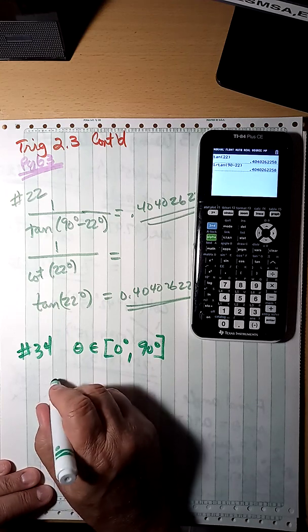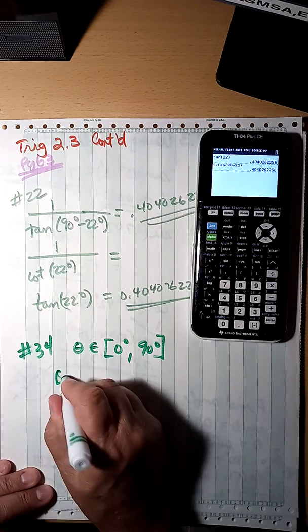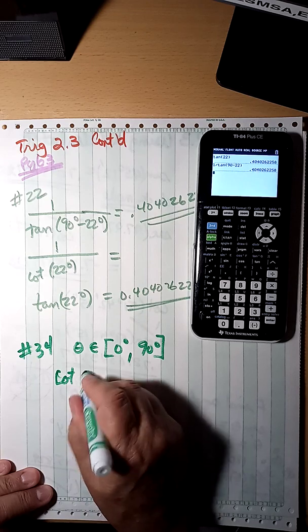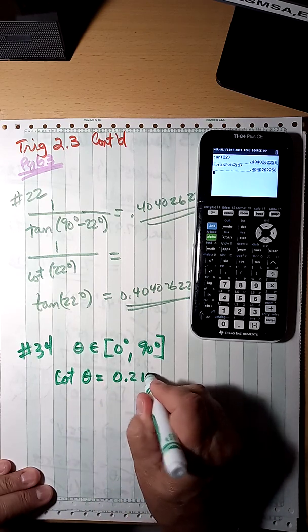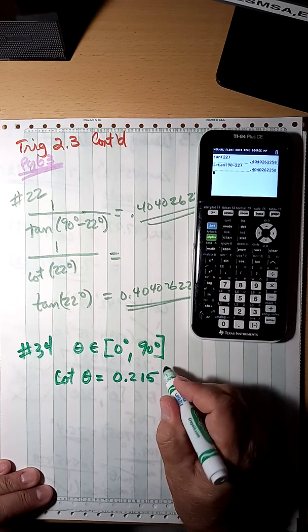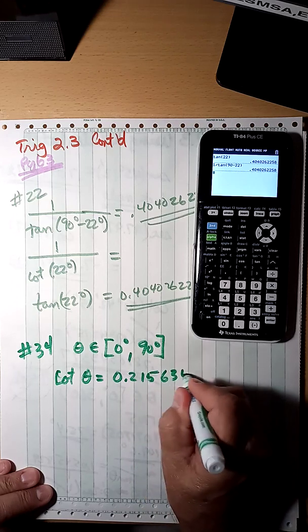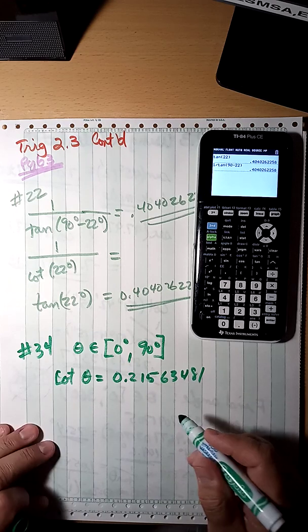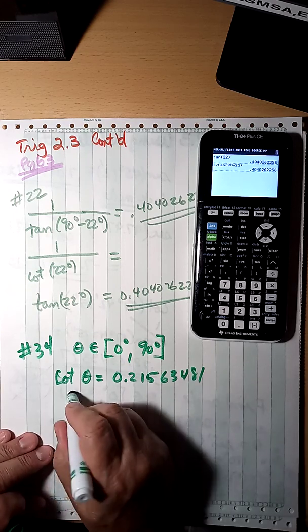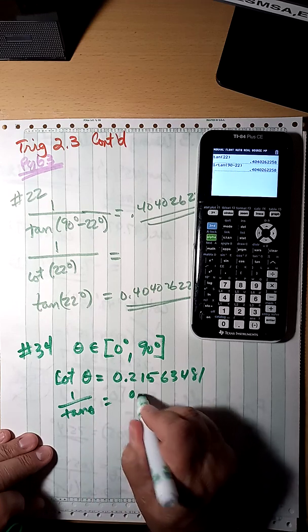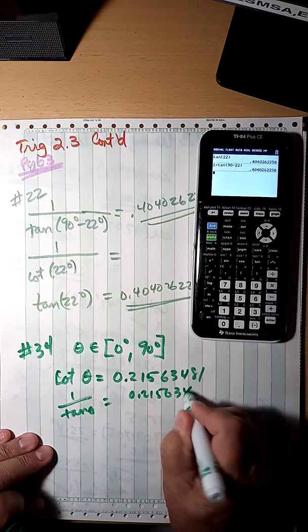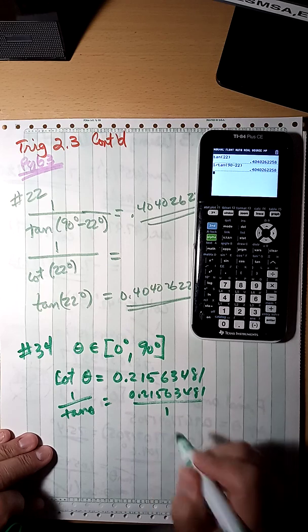So on 34, they say the cotangent of theta is 0.21563481. Well, I'm going to have to change this. 1 over the tangent is this 0.21563481 over 1.